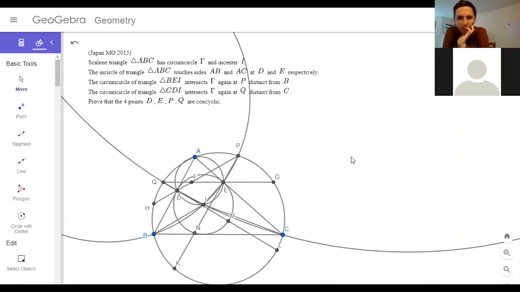And then, okay, so yeah, I guess IEP is 180 minus PBI. But it looks like the idea might be right.